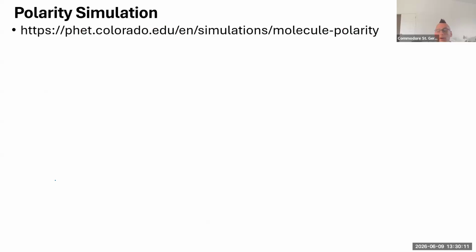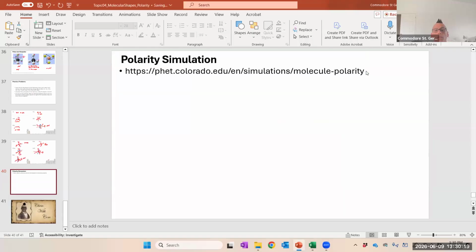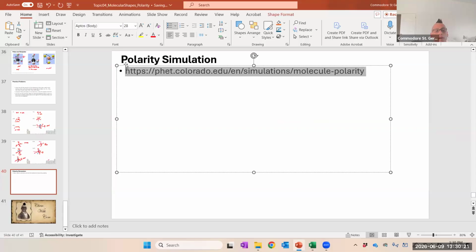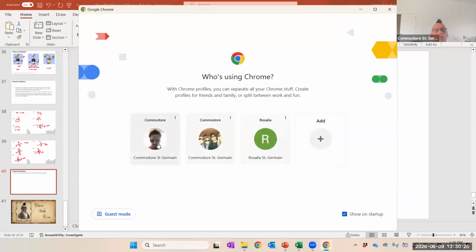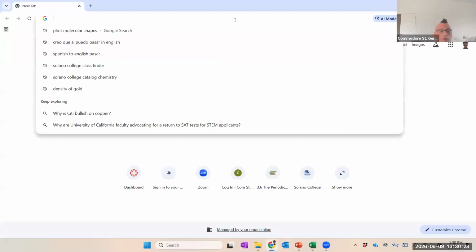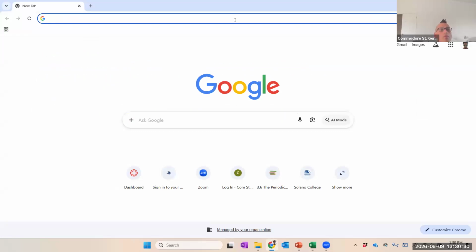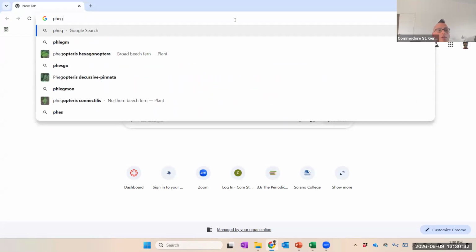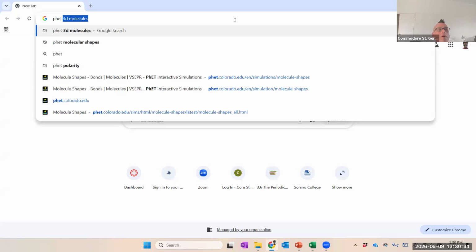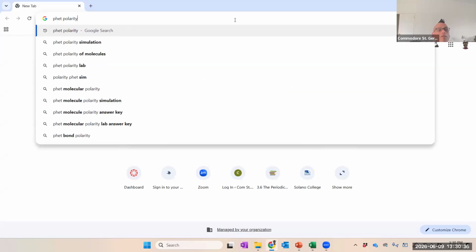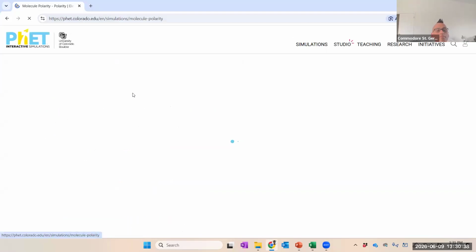All right. Well, if you wanted to check out the polarity simulation, you can. So I'll show you how to get there. Let's copy and paste this, but you can just go to Google and you go PhET, and you can just put polarity.